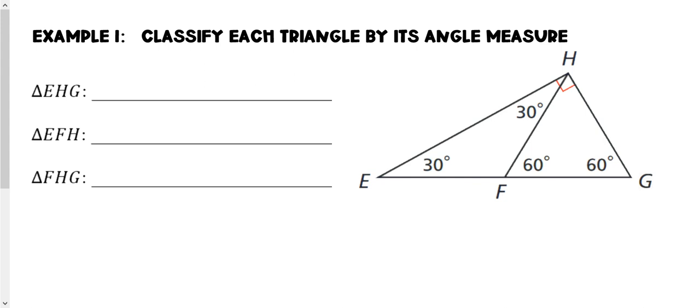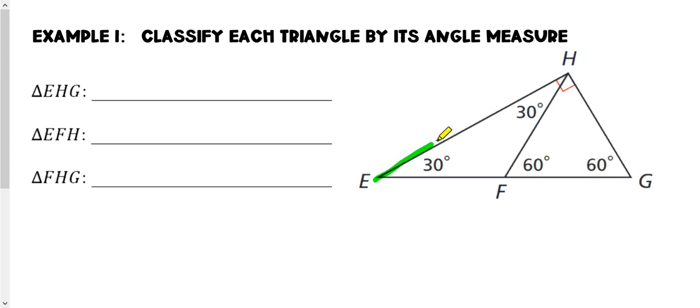All right, so let's practice classifying by its angle measure. So the first triangle that we're looking for in here is EHG. We've got actually 3 different triangles here. So let's first identify where triangle EHG is.